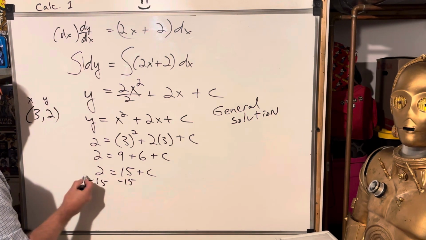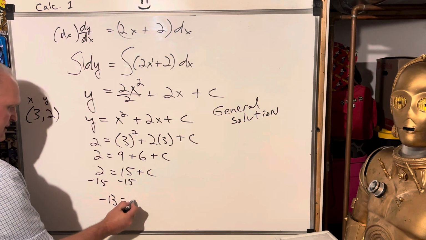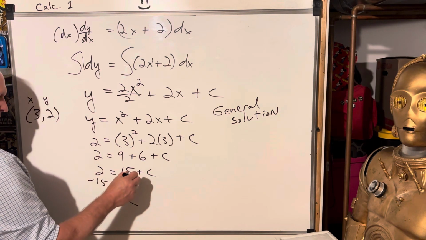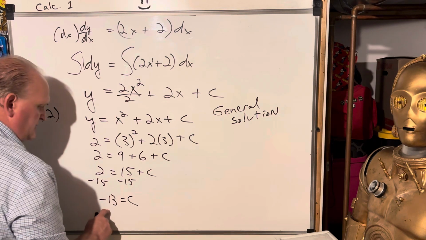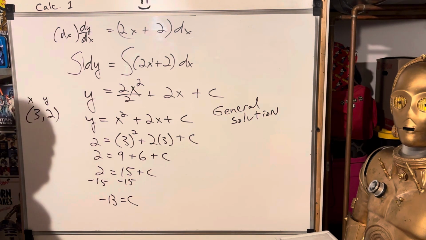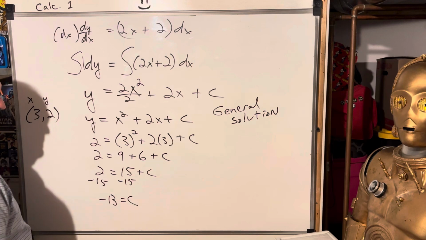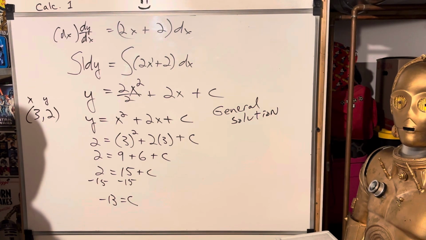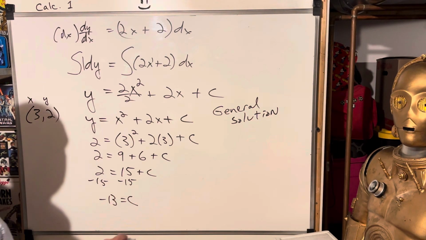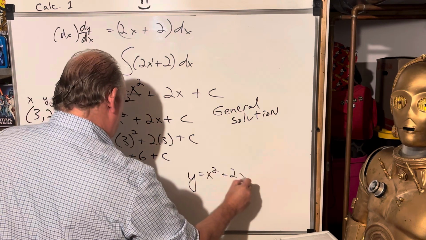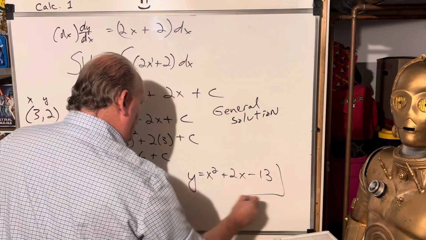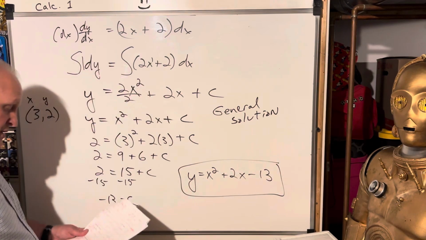You got to subtract that off. That's negative 13. For a quarter of a second, I put 2/15 down and then quickly scribbled it out. So, careful. It's super easy to make these mistakes when you're trying to get everything done just in your noggin. So we got x squared plus 2x minus 13. That is a particular solution.